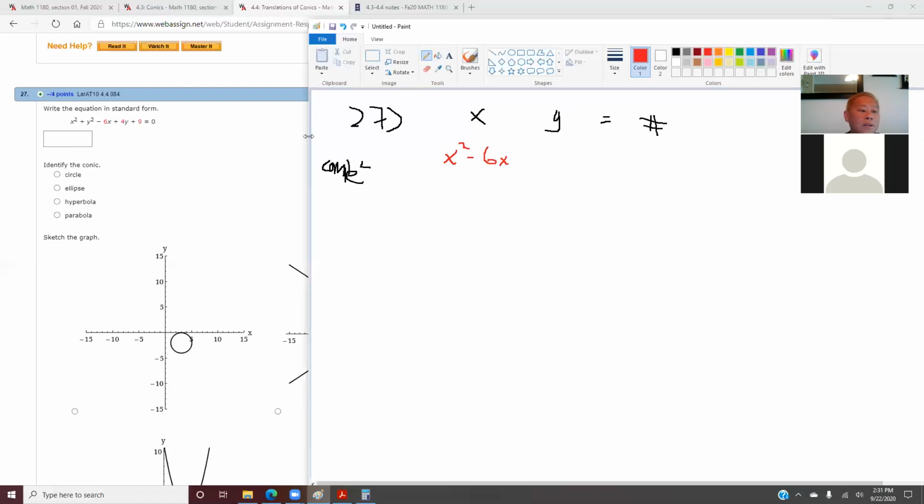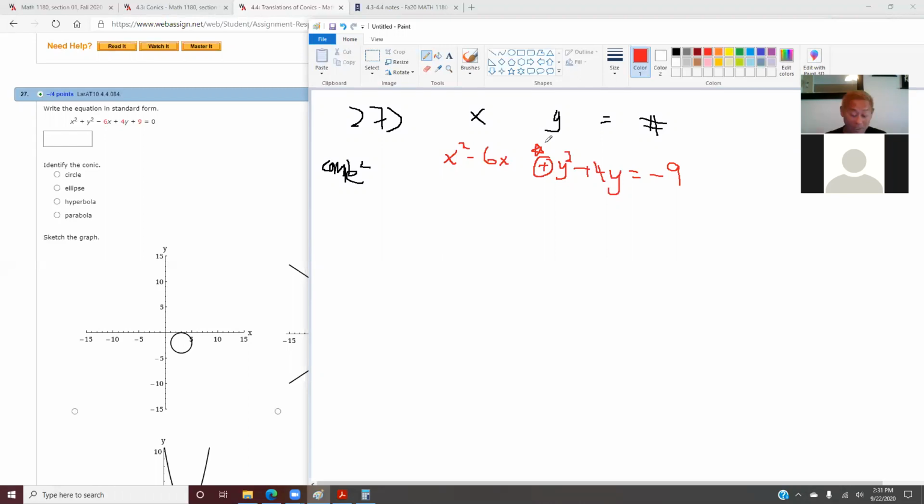And then all the y's on the other side, plus, don't forget the plus is very important. And then the 9 moves over and becomes negative 9. Does anyone here know why this plus is very important?